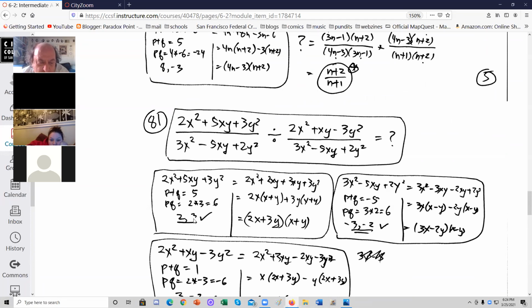That'll be 6. 2 and 3 do the job. The sum is 5, the product is 6. So we write 5xy as 2xy plus 3xy. After factoring these two and removing a common factor of xy, we get 2x plus 3y times x plus y.